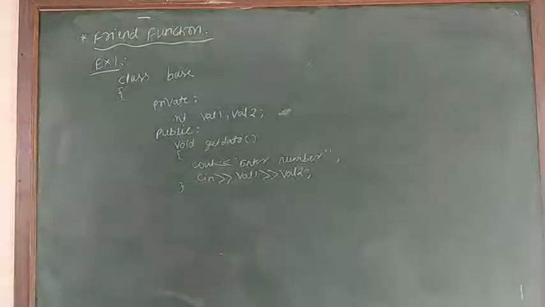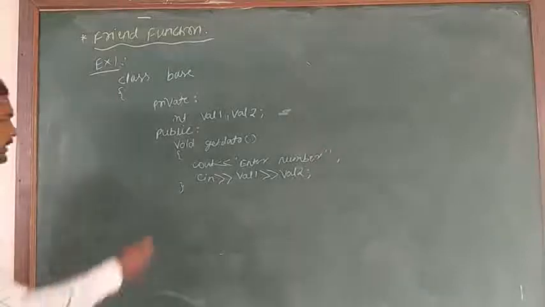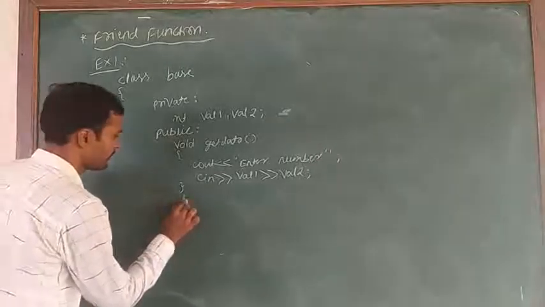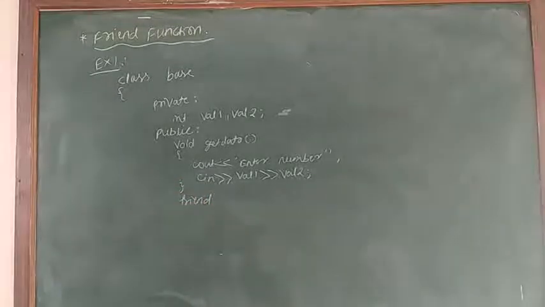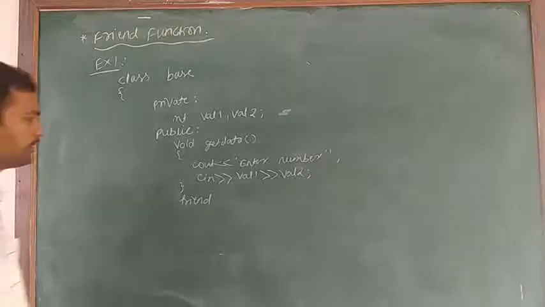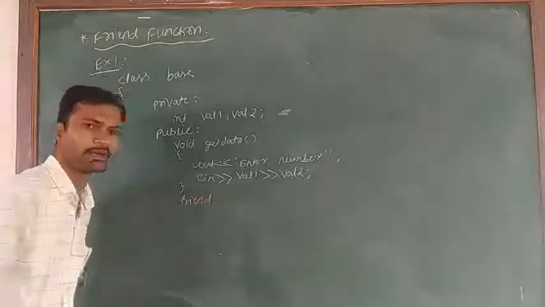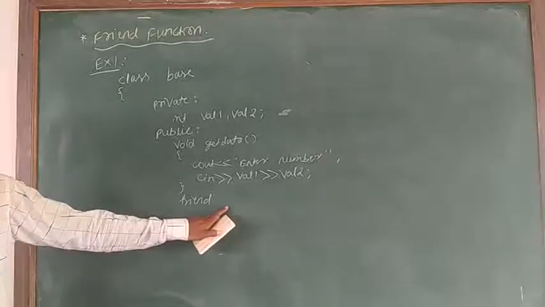Now I want to use the friend function. So I will define it here. Declaration of a friend function starts with the keyword friend. So I take here the keyword friend. Then the return specifier. You can take int, but I will take float as the return specifier.